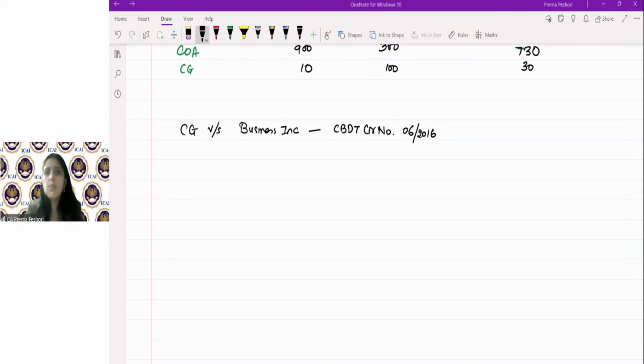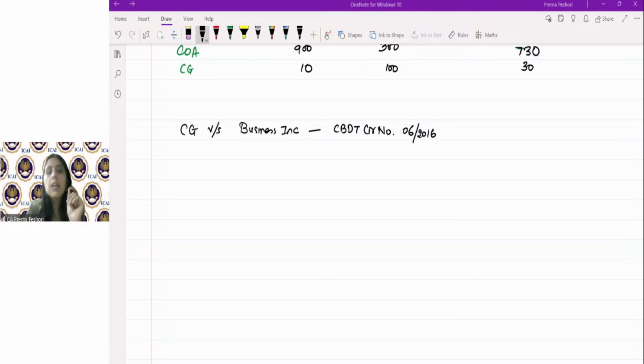So there are various factors which need to be taken into account, right? It's not only one thing. It could be the frequency, the period of holding, the intention of the transaction. All of that needs to be looked into.